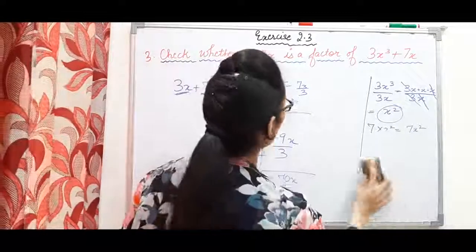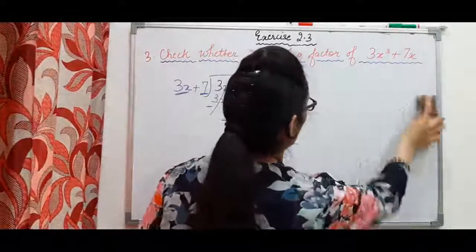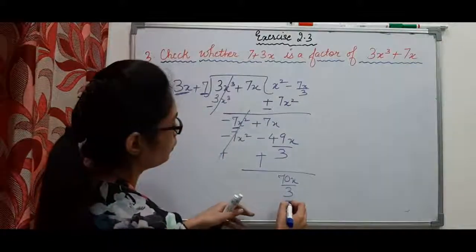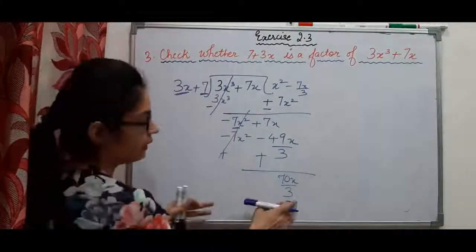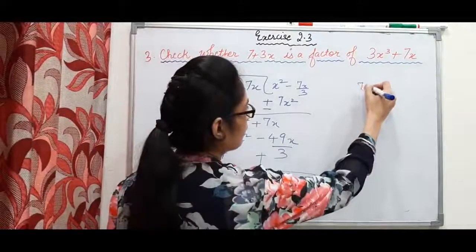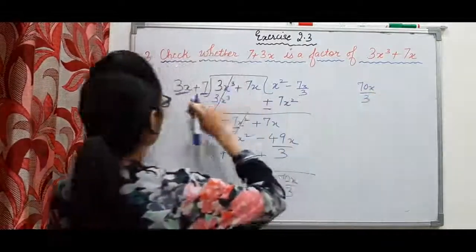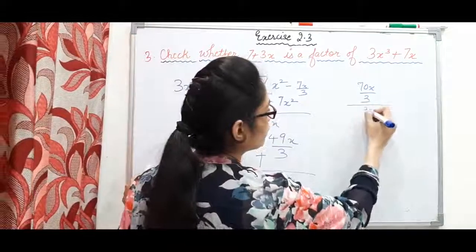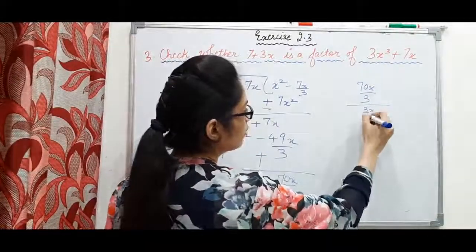Now you have to choose this term. You have to write this term because no other term is there. So we have to write this term 70x by 3, and we have to divide it by 3x. So again, 3x, nothing is there, I will write 1.